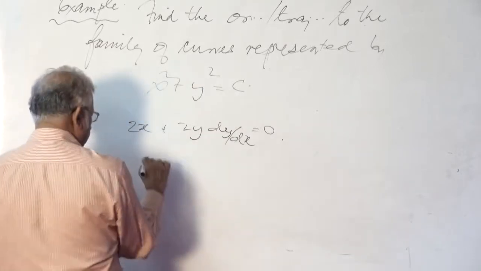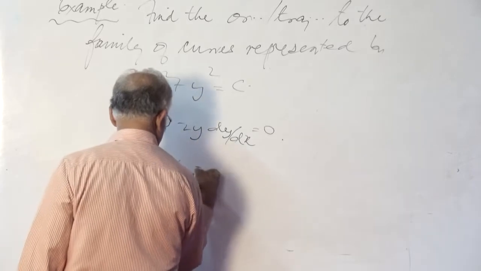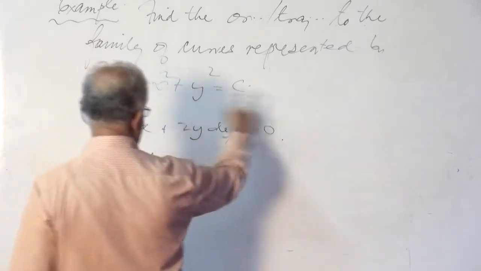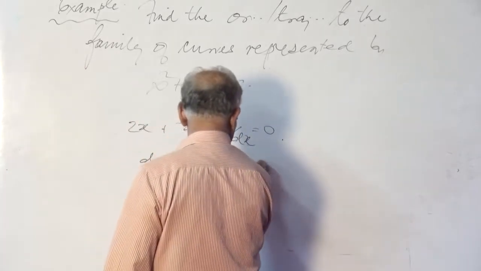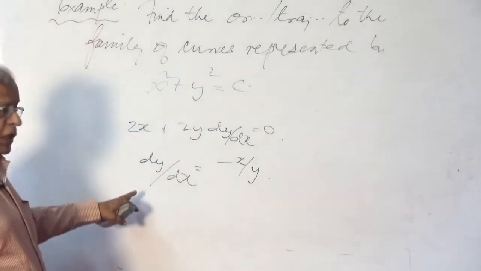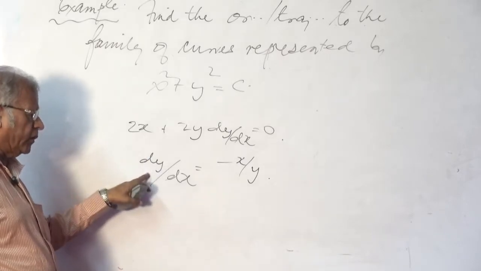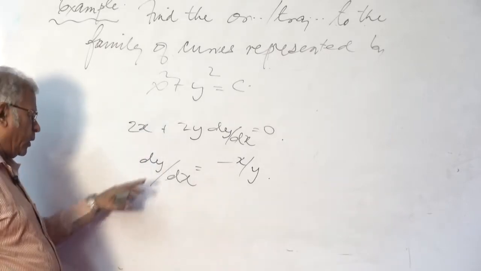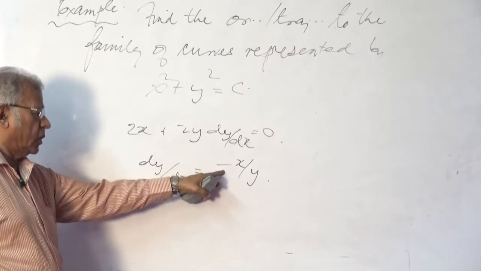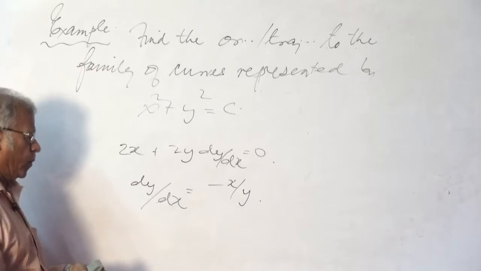So we write dy/dx is equal to minus x over y. By what we have just stated, the slope of any member of the orthogonal family will be plus y over x. That means take a reciprocal and change the sign.